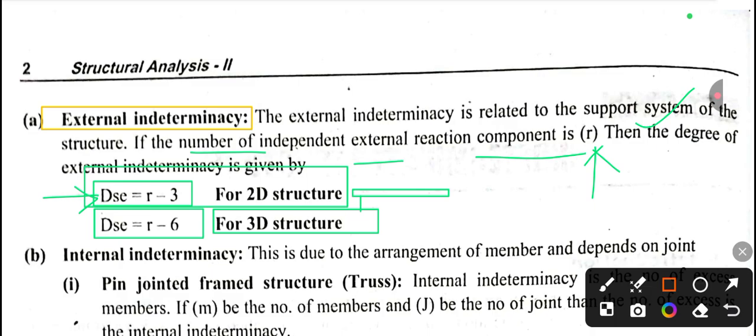These are the basic concepts regarding external indeterminacy, where, as I have already told you, small r is the number of independent external reactions. Because we are talking about external, r is the external reaction. Now another one is internal indeterminacy.